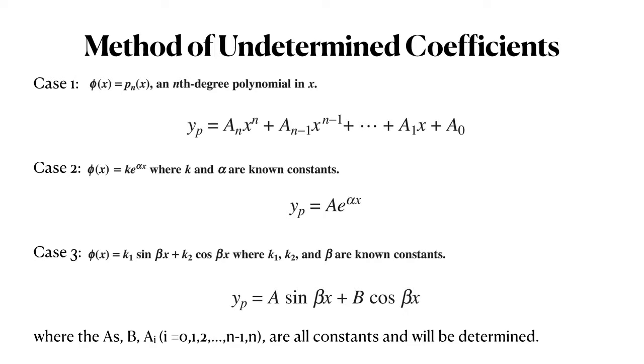Kanang third equation sa atong slide. So, for all three types or all three cases of solutions, our a's and b's and a sub i's are all constants nga atong i-determine. Hence the name method of undetermined coefficients.